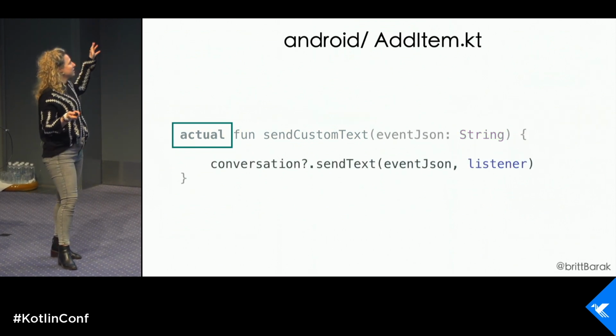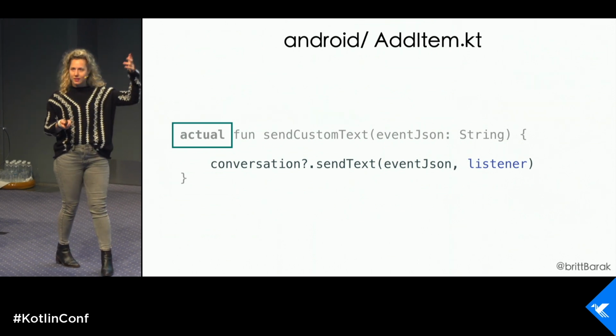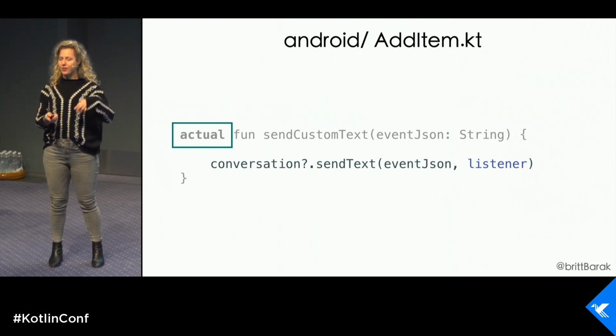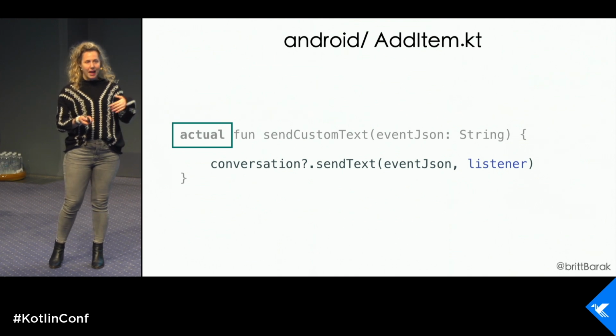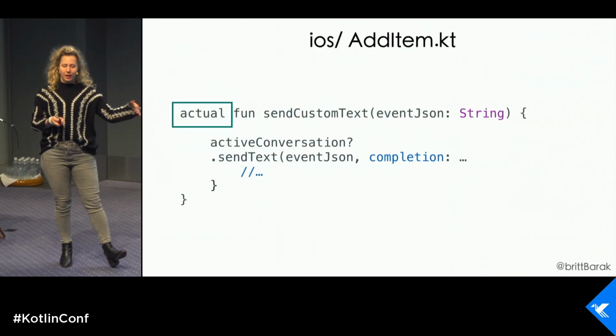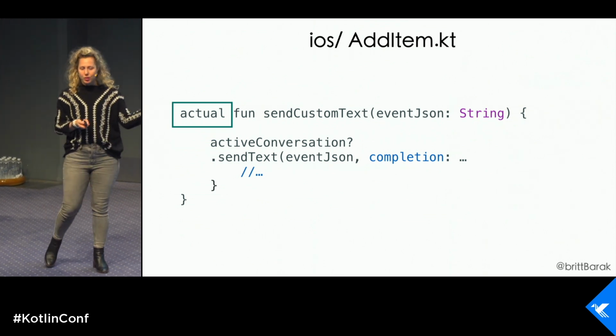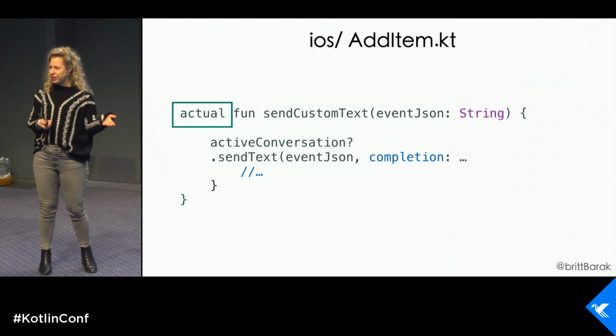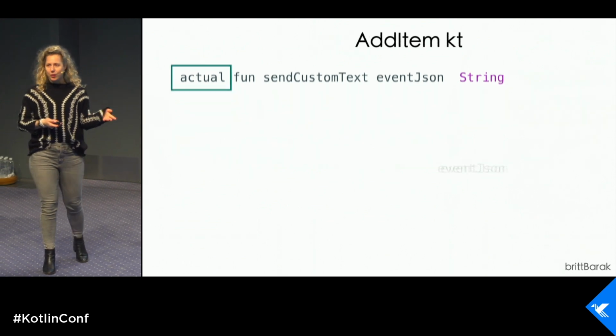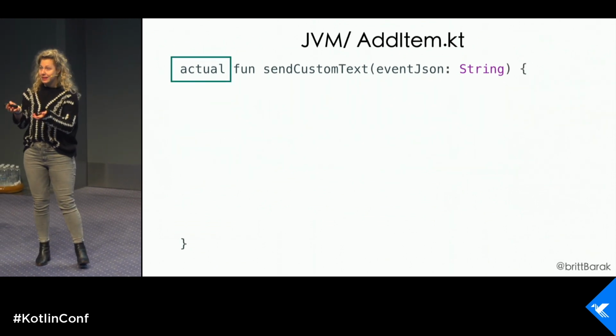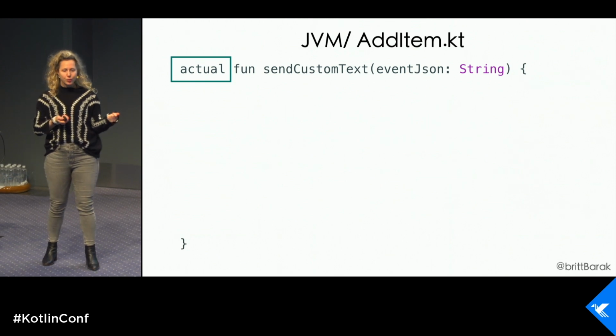So this is just an example. Here I do send text. I use the platform-specific SDK in this case, and I send a new text. In iOS, we would use the platform-specific SDK, and in this case, it looks kind of the same. But let's say if I would want to do the same SDK with the same functionality for the browser, it would look a little bit different.